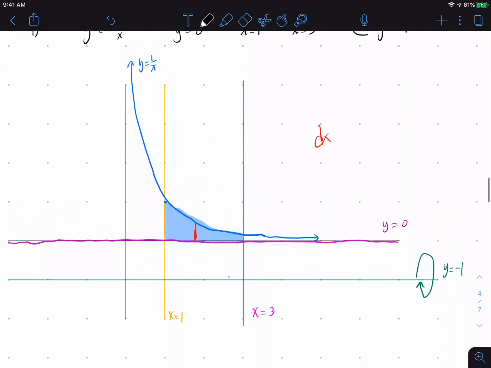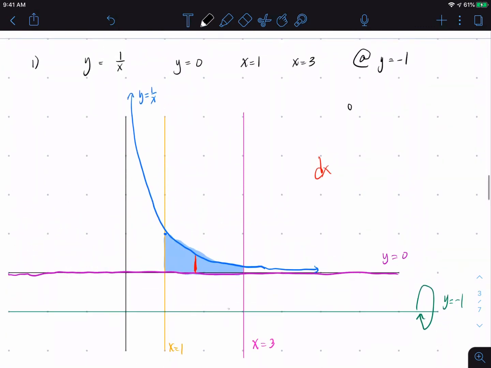Now, what is the outer radius? And I'll write it here just so we can see it still. What is the outer radius? Very good.